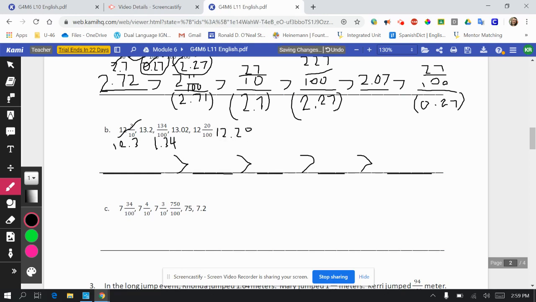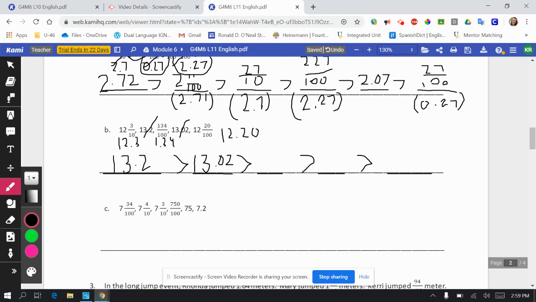All right. Which one is the largest? Not 12, because I see 13.2. Oh, yeah. Oops. Sorry about that. 12.3, 1.34, 20. Okay, starting again. 13.2 goes first. 13.02 goes next. Working our way down, looking for another 13.